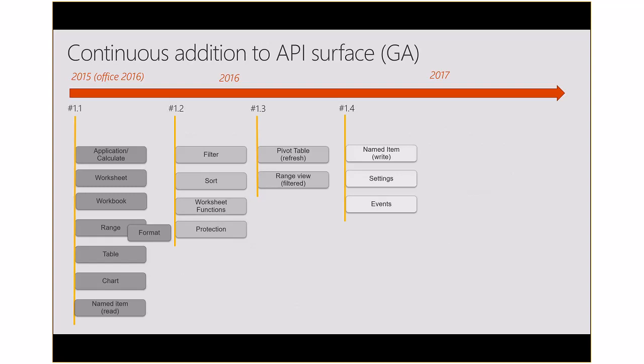And recently, we added versions 1.5 and 1.6 that add some more advanced concepts such as custom XML paths, conditional formatting, and ability to do calculation across range and worksheet. So these are all the features that have existed. Let's look at what's coming up new.